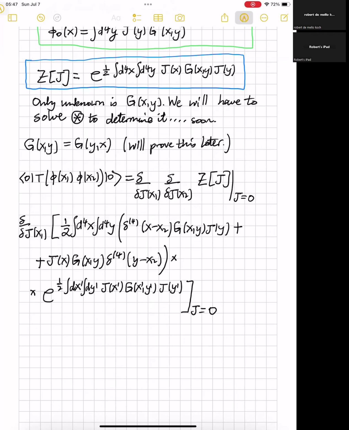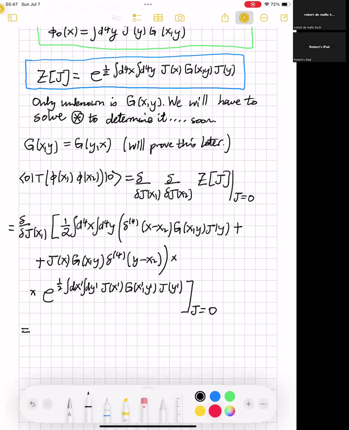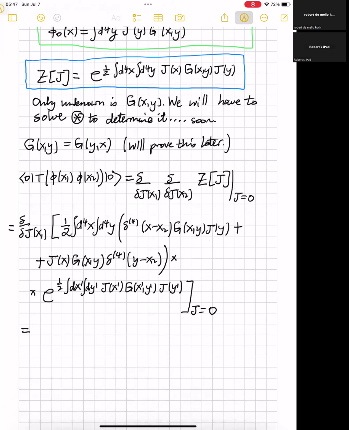Good. One more derivative to calculate. Now, when we take this next derivative with respect to J of x1, where can we act? We can act anywhere where there is a J. We could act over here. If we act here, this J of y is going to turn into a delta function.